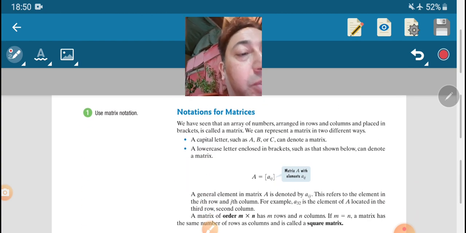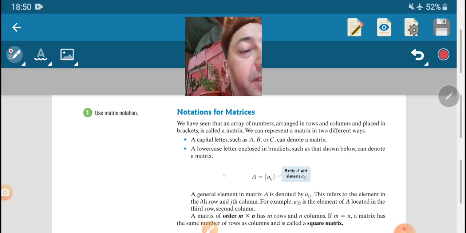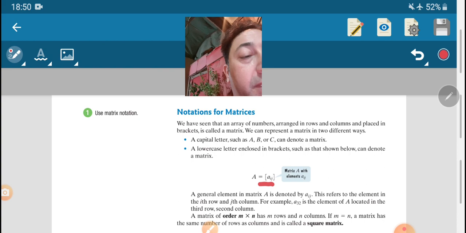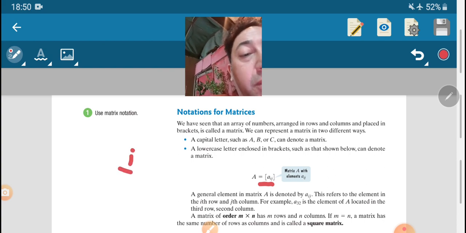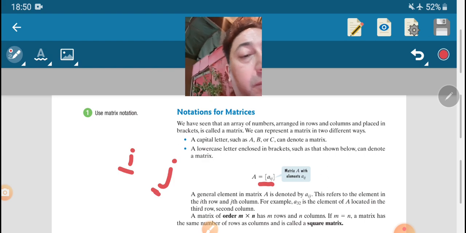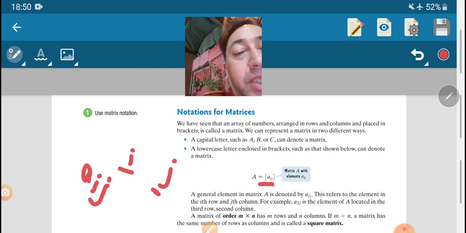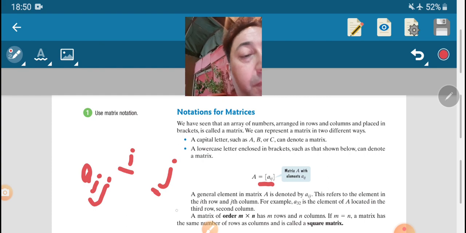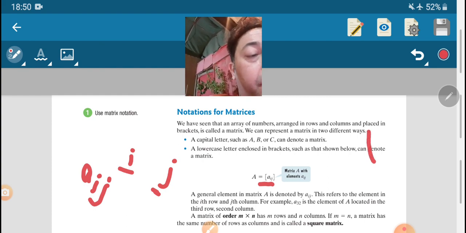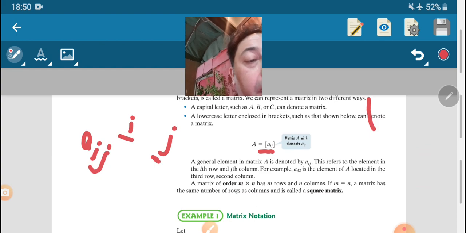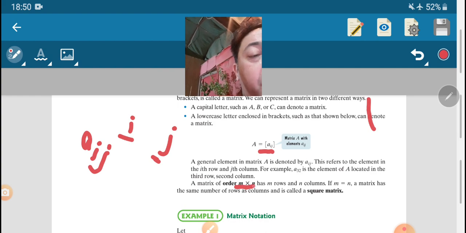Every matrix contains rows and columns. Here, i stands for any row and j for the column. So a_ij means an element in its position, where i is the row and j is the column. The matrix contains m rows and n columns, and we can write it as m times n.